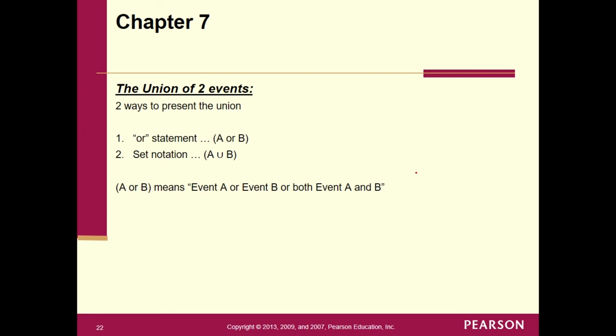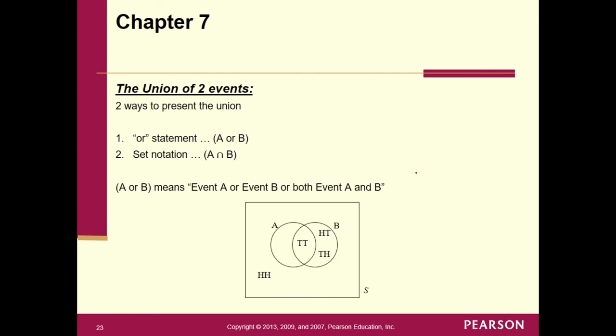Let's take a look at our Venn diagram. Here's event A. Here's event B. Here's the intersection. And so the union of A or B would be all of it, all that stuff in gray.